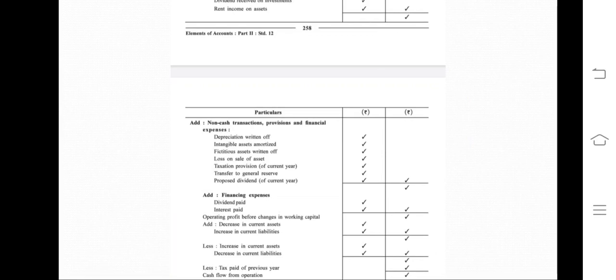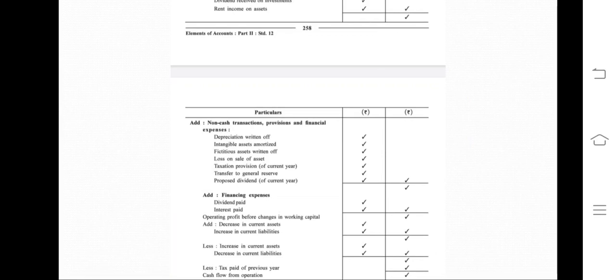Then add decrease in current asset or increase in current liability, and then deduct increase in current asset and decrease in current liability, and then finally we get operating profit after change in working capital, and from that we will deduct taxes paid for the previous year, and we get cash flow from operations.